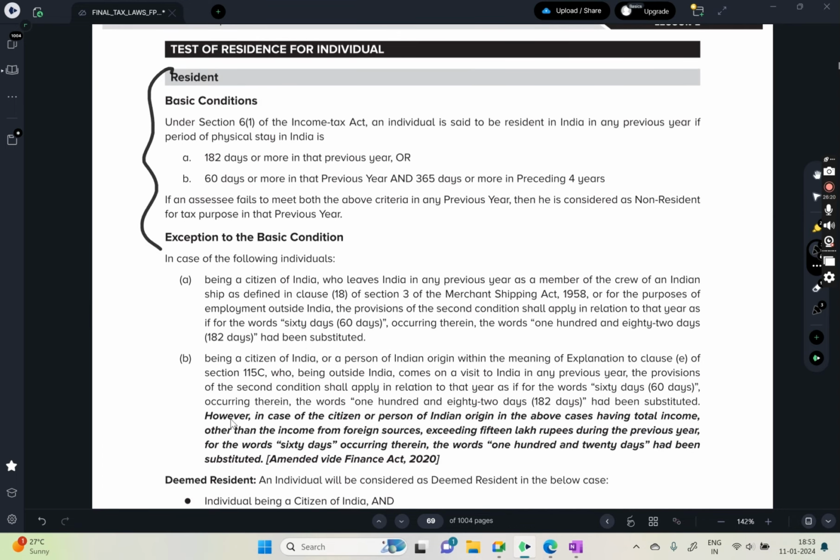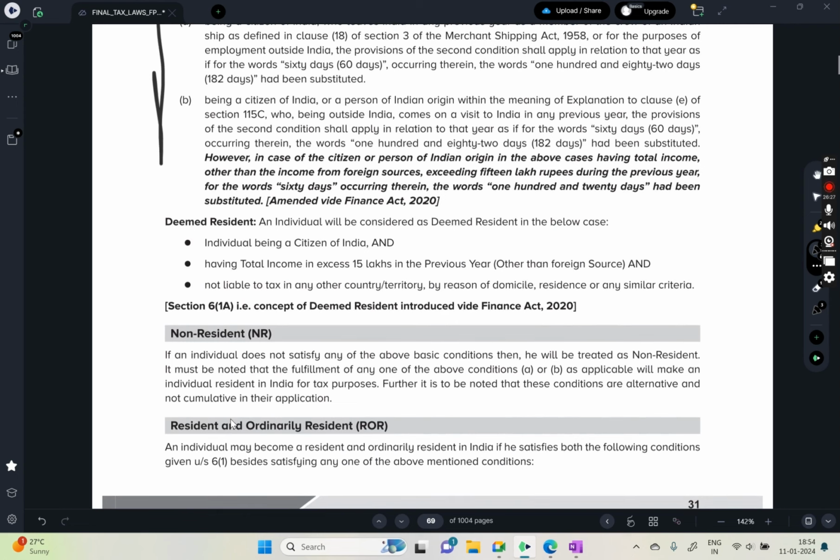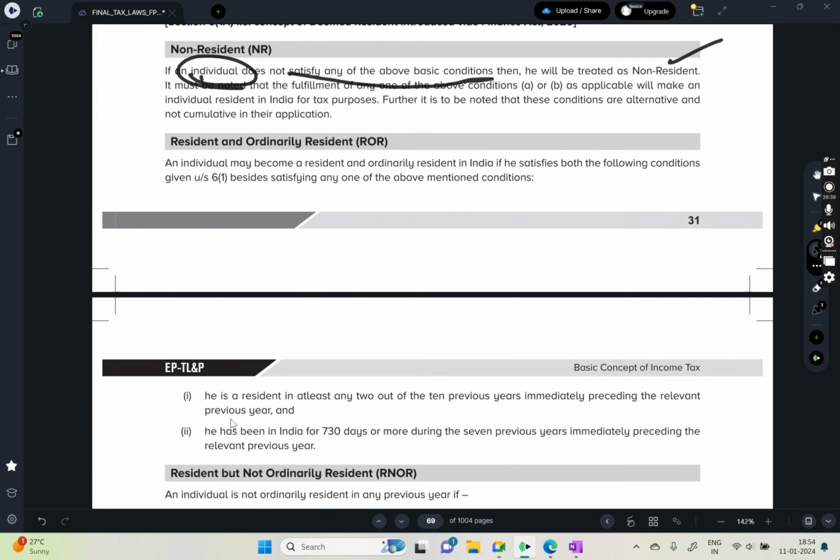Now we have completed all these things. Like we discussed, if any individual does not satisfy any one of the basic conditions, then he will be called non-resident. Now, for resident and ordinary resident, he must satisfy any one of the basic conditions.